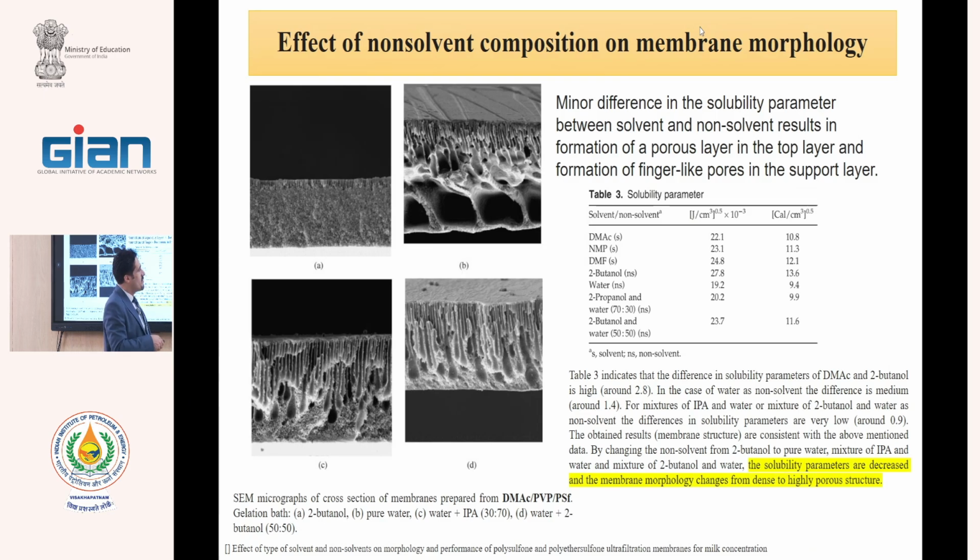In water, we have a very porous structure, but in the mixtures, we have a low porosity. Therefore, the composition of the non-solvent and the insertion of solvent into the coagulation bath can change the morphology, and the morphology influences flux and separation.